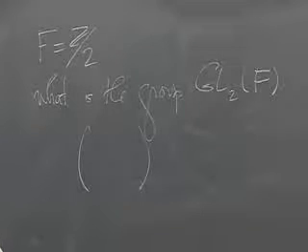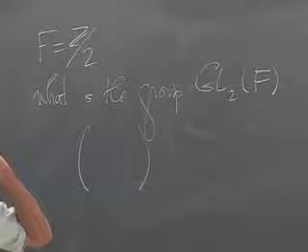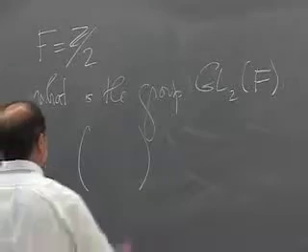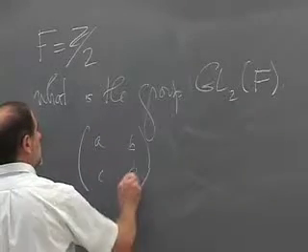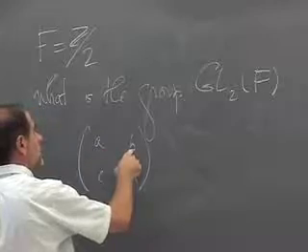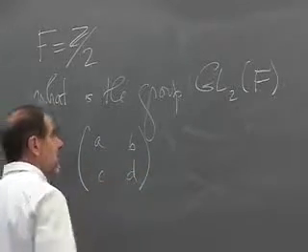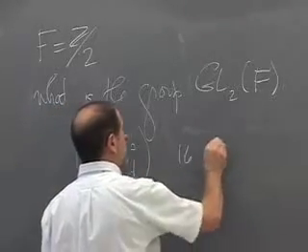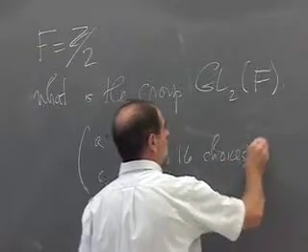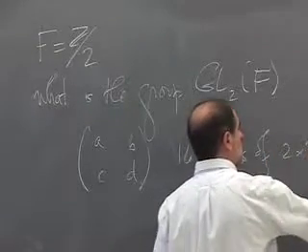What's the total number of matrices I can make out of the field of 2 elements? How many? 16, right. So you have 16 choices, because A can be 0 or 1, B can be 0 or 1, C can be 0 or 1, or D can be 0 or 1. 16 choices of 2 by 2 matrices.